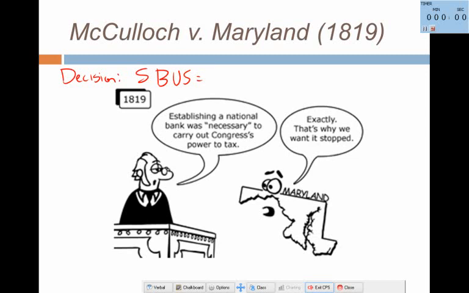They ruled that the bank was constitutional. So despite several attempts by the Jeffersonians and others who believed that this bank was unconstitutional, finally, with McCulloch v. Maryland, the Supreme Court ruled pretty clearly that the bank was, in fact, constitutional.